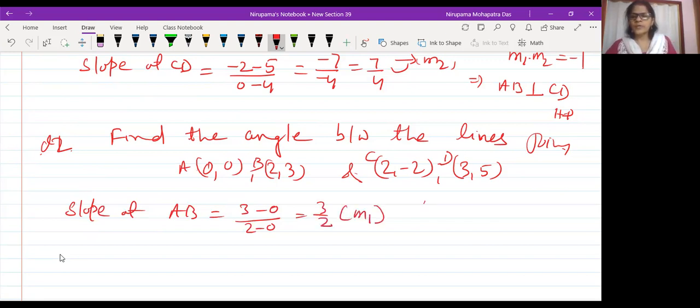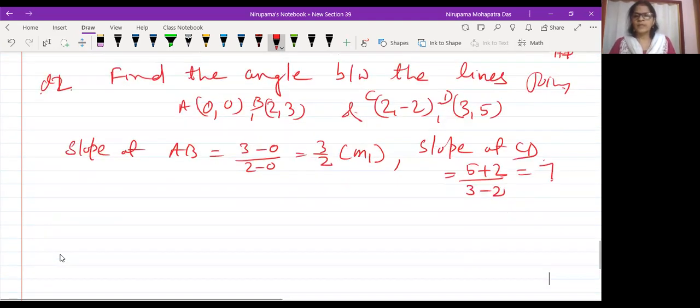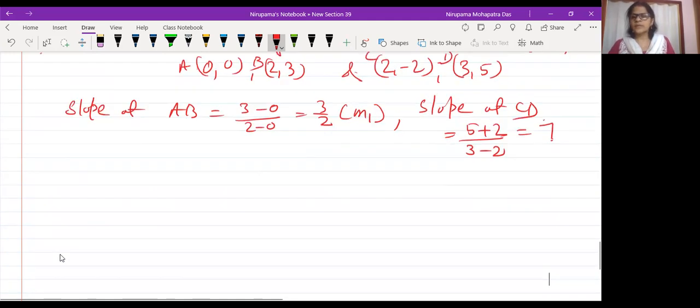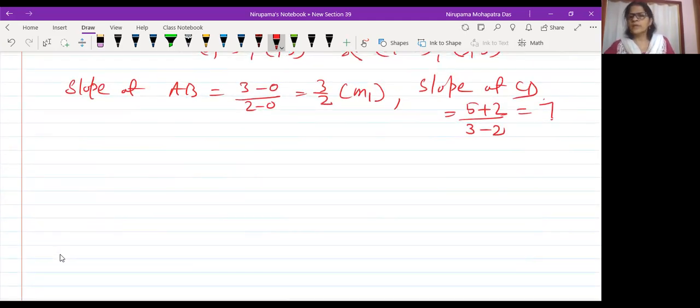Okay, slope of CD is equal to 5 plus 2 by 3 minus 2. Okay, so you are getting here 7. So let it be your M2.